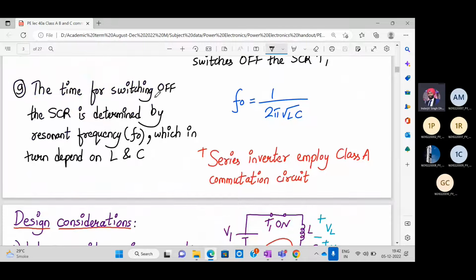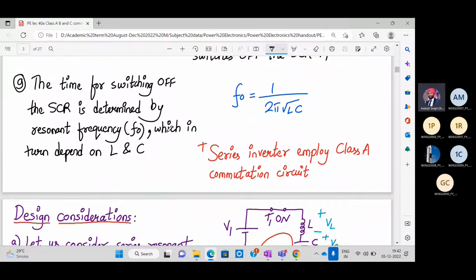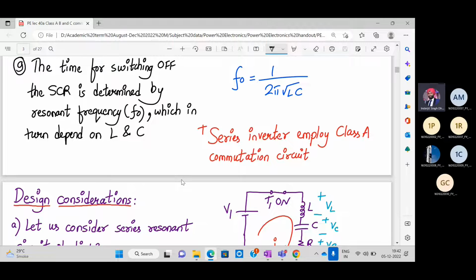The time for switching of the SCR is determined by the resonant frequency. And what is the resonant frequency? 1 upon 2 pi square root of LC. Okay. So which in turn depends upon L and C. Do you remember, in the last online lecture we discussed the series inverter? In the series inverter also you have a class A commutation circuit.